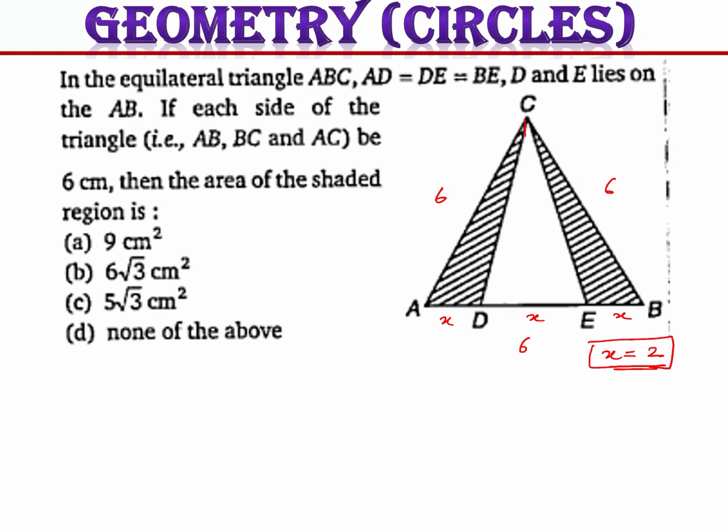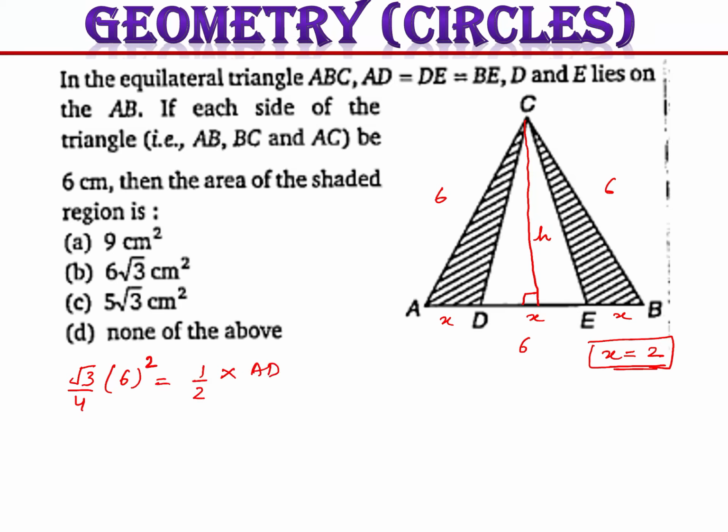So first of all, what we need is the perpendicular. Let's say the height is h. Now we know that ABC is an equilateral triangle, so the area can be calculated by root 3 by 4 a square, and a here is 6 square, which is also equal to half into base into height.